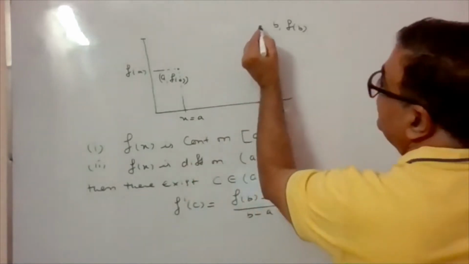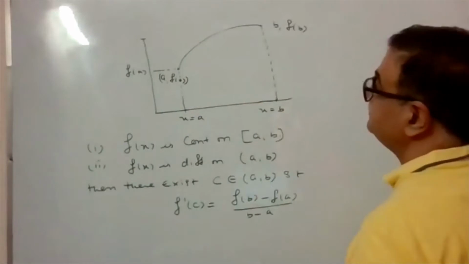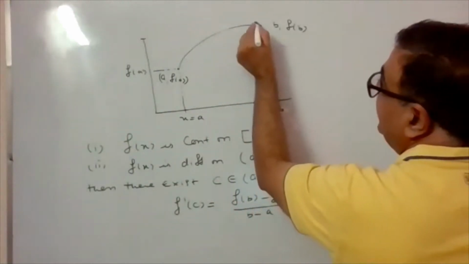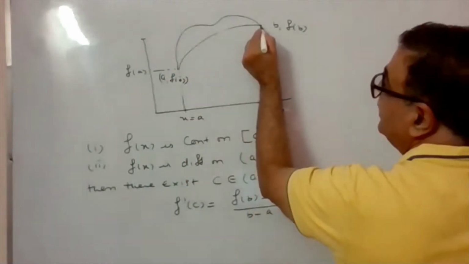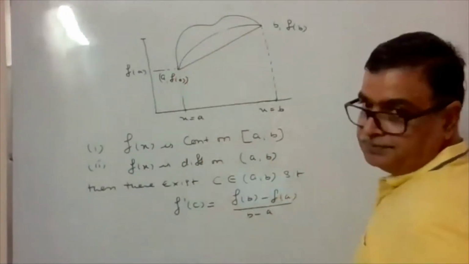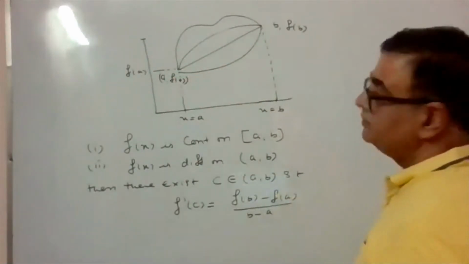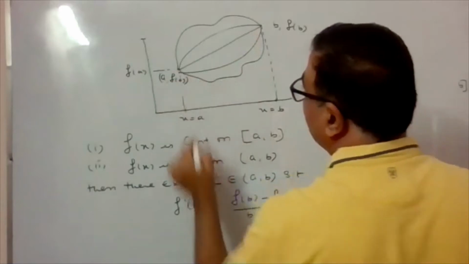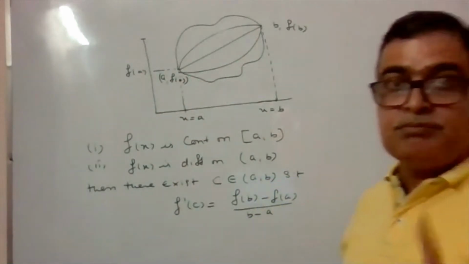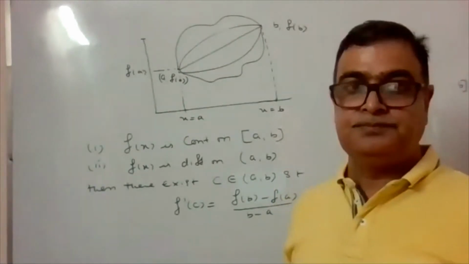So the curve goes like this, or can be this also, or this also. Any type of curve it can have. But keep in mind the curve should be continuous and differentiable.